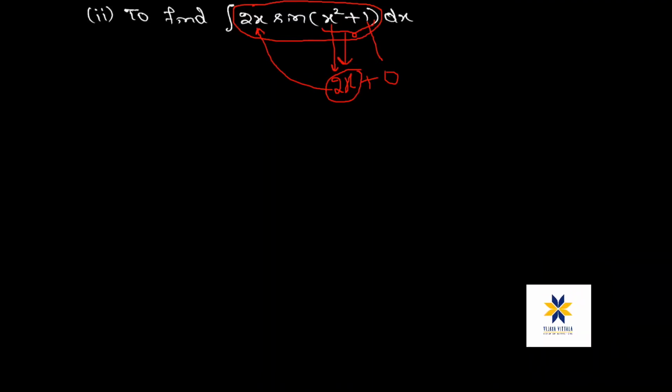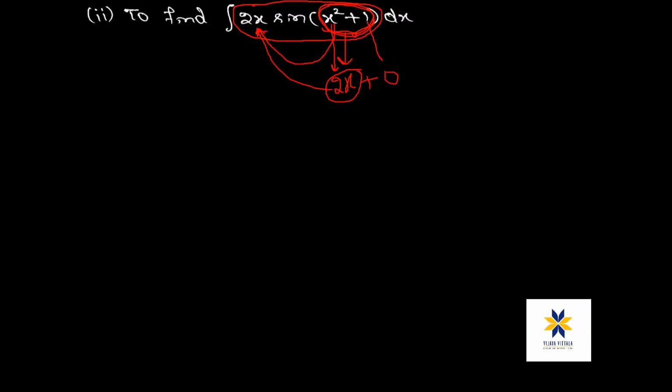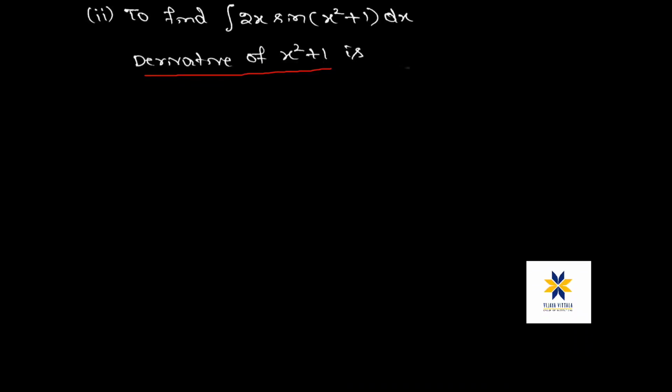Therefore, we go for this as a substitution. We need to substitute in this place because its derivative is here in the integrand as other part. Here is the reason we are giving: derivative of x square plus 1 is 2x.